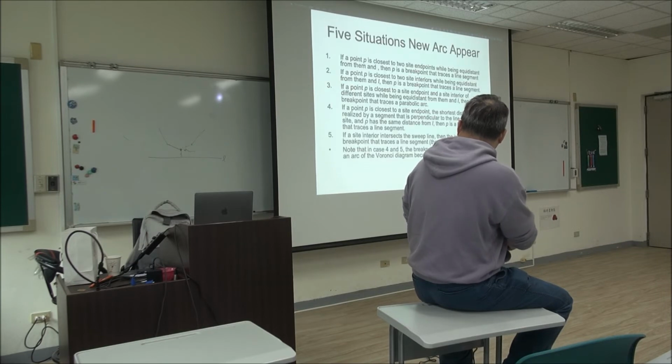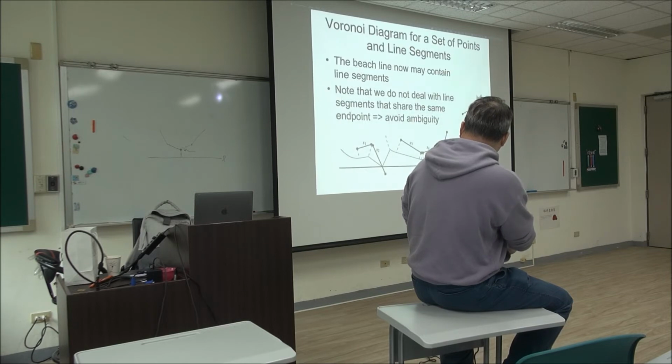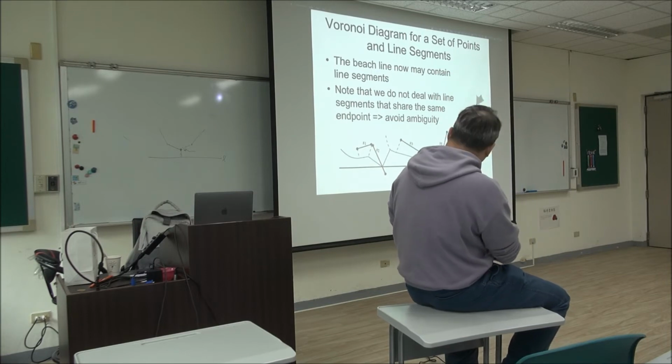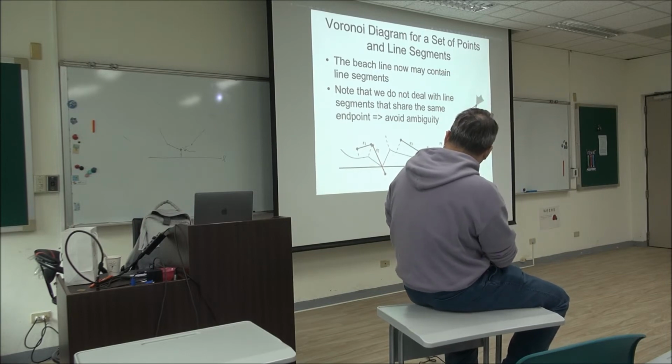In case 5, if a side interior intersects the sweep line, then the interior intersection is a breakpoint that traces a line segment, which is a side interior. You can see S2 intersects with L, right? So it actually traces this segment.